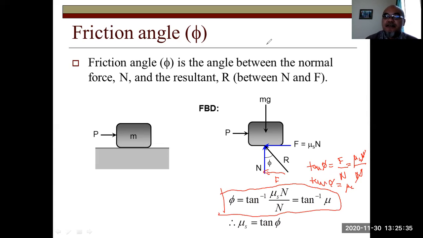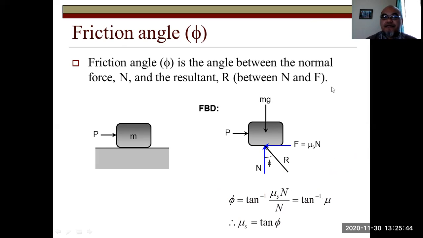So this is the formula of phi, the friction angle. So mu s equals tan phi.